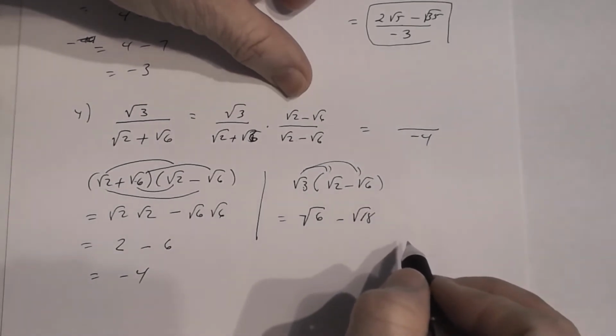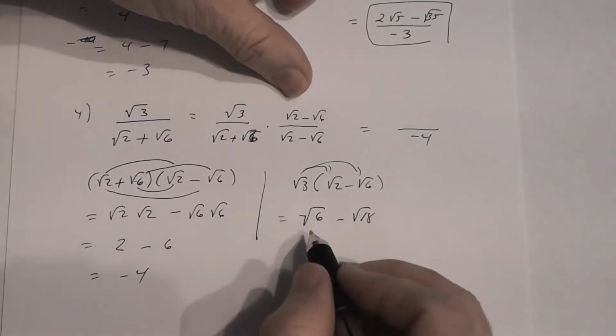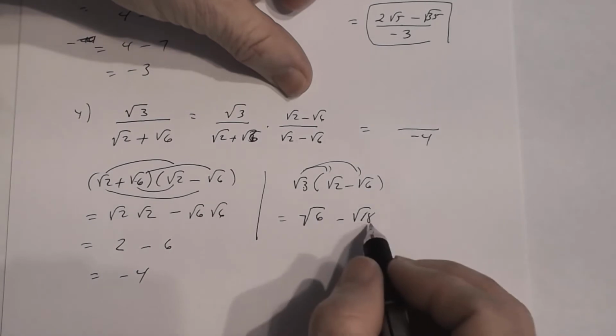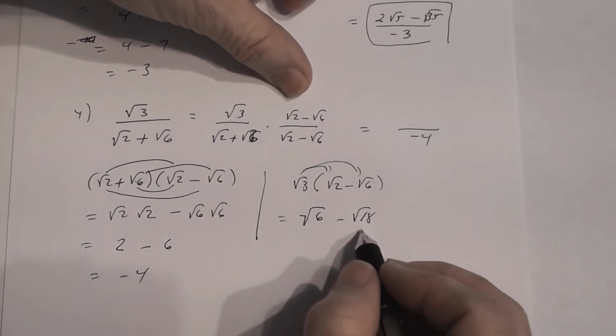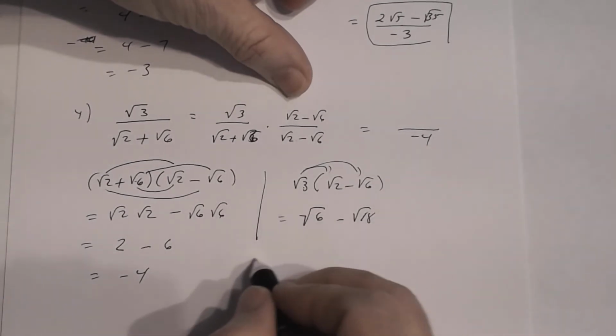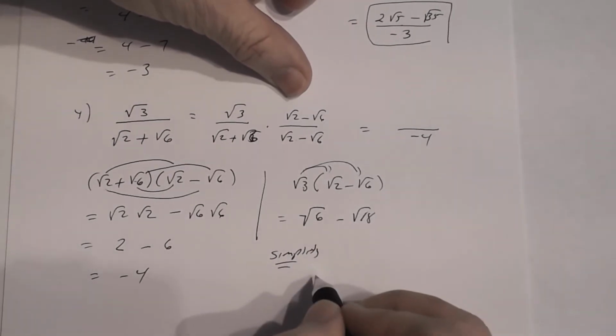Okay, now remember what we said. If you can simplify the radicals, you go ahead and do that. So I can simplify the square root of 18. That's important. You have to do that if you can. So make sure you simplify just like you've done before.